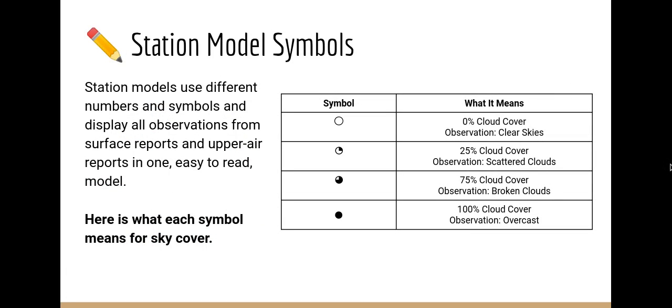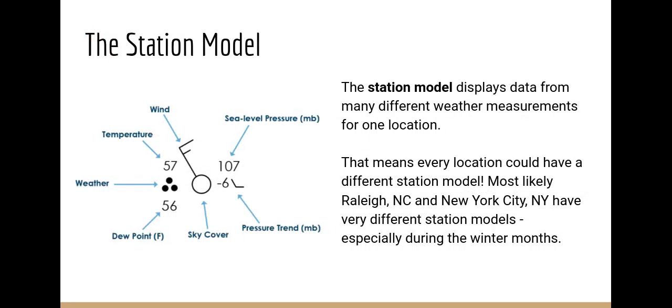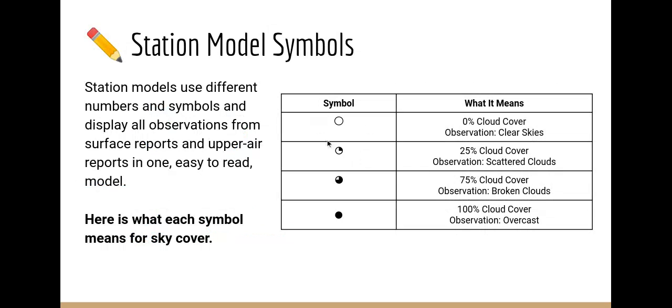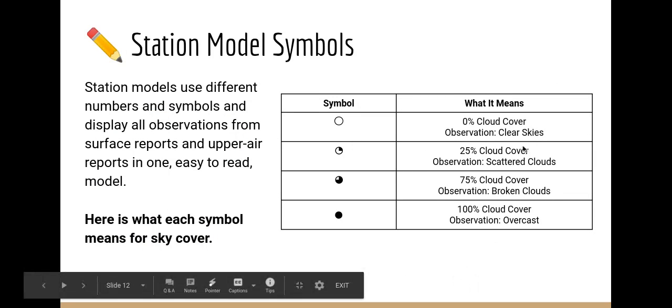So let's talk about station model symbols. Station models use a number of different symbols and display all kinds of observations from surface reports and upper air reports in one easy-to-read model. Here's what each symbol means for the sky cover. So this is that middle piece here. An empty symbol means 0% cloud cover, and the observation is clear skies.